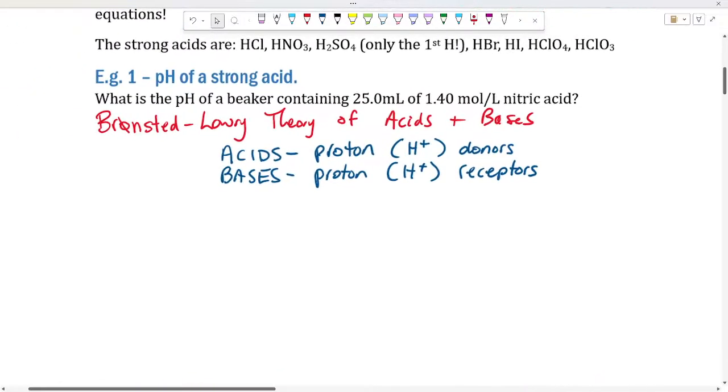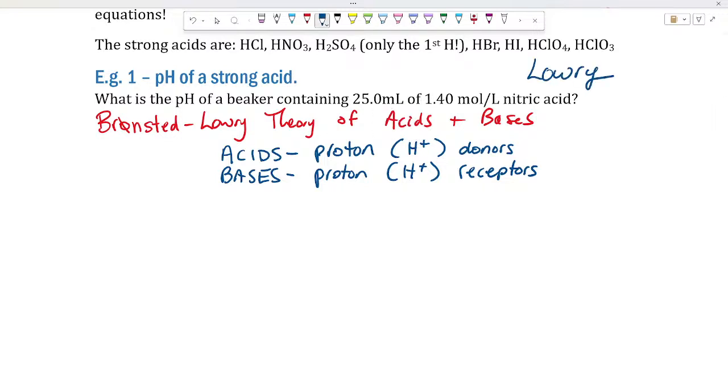It's a name, Lowry. Settle down. Okay? And they must exist in pairs, because if something gives up a proton, then something else must accept it.